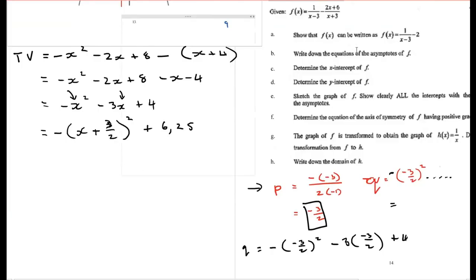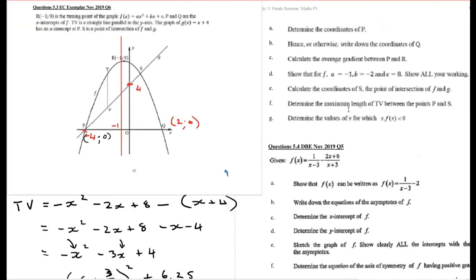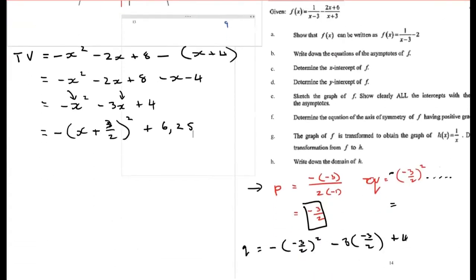So there you go. Again, what's the question then? Determine the maximum length of TV between the points P and S. Therefore, what is the maximum length? Therefore, TV max is what?